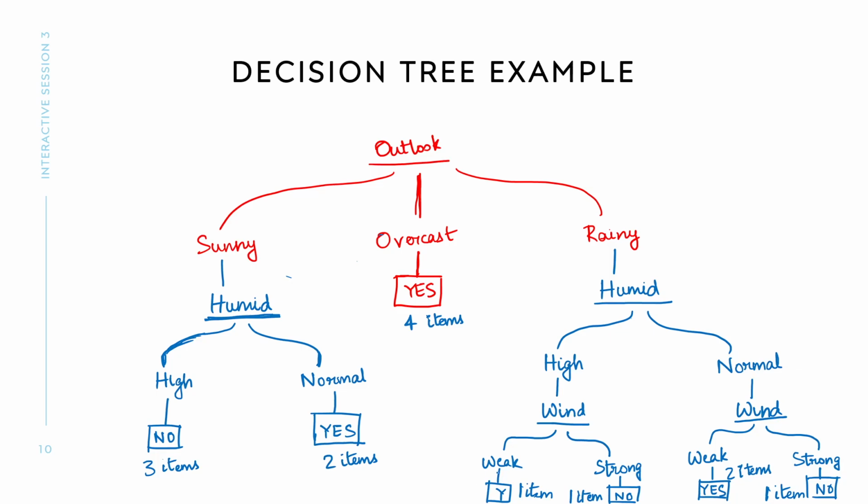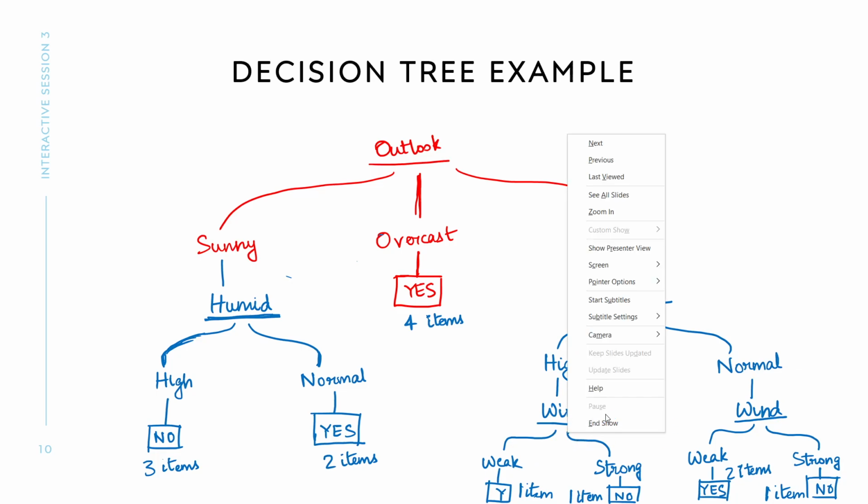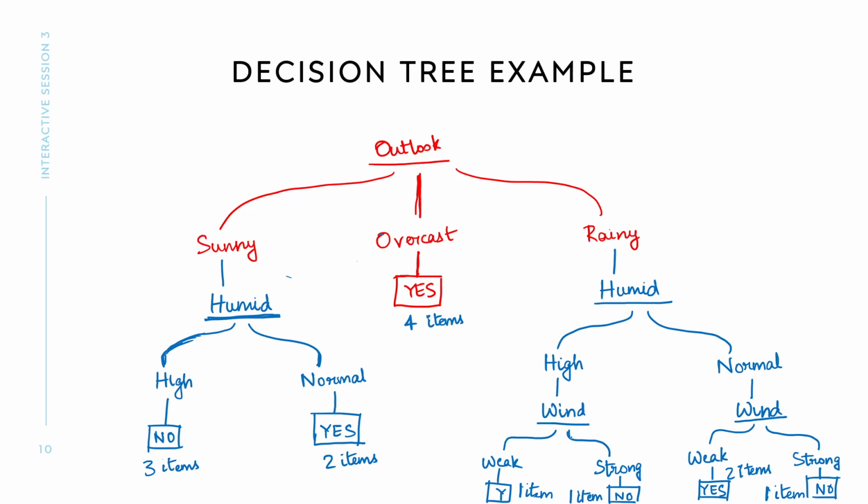But here wind had only one item with the answer as yes, so I have formed this bucket. I don't need temperature anymore. Unless you need it, you don't need to use all the features. It is not necessary to use all the features.